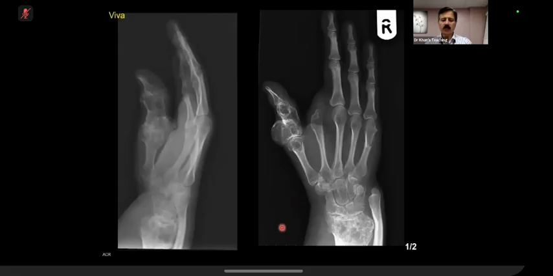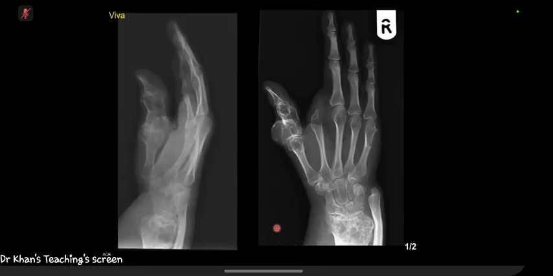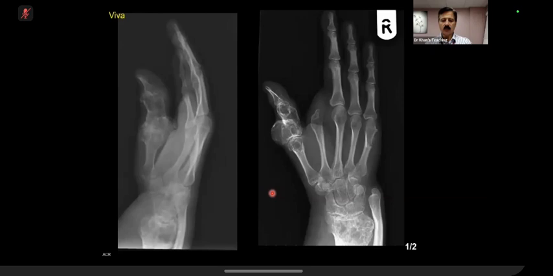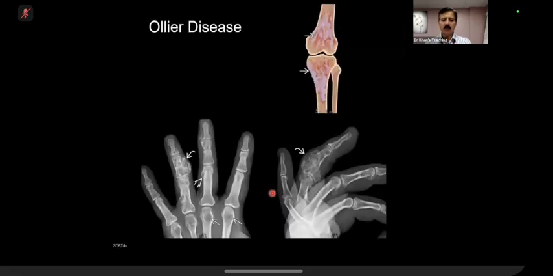Spot diagnosis, candidate 2, can you just name this disease? Ollier's disease. In Ollier's disease, what is happening is that there are multiple enchondromas, and they can be within the medullary cavity, and there can be other cartilaginous abnormalities also.